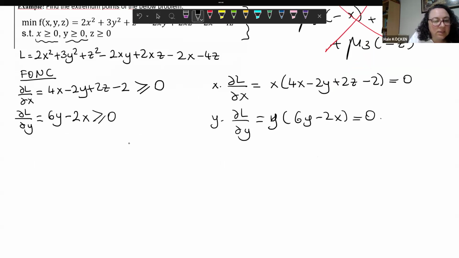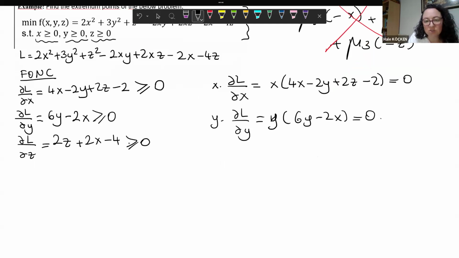And dL over dz is equal to 2z plus 2x minus 4 will be greater than or equal to 0 since my z is greater than or equal to 0, and consequently I need to write the complementary constraints like that, okay?